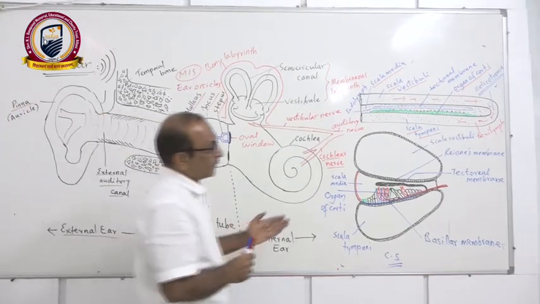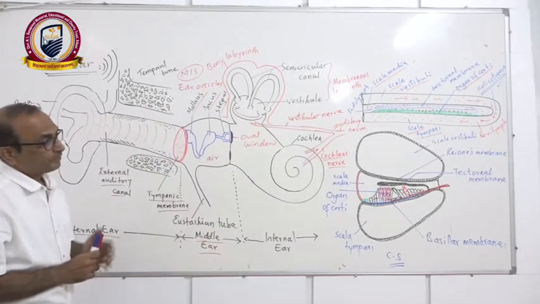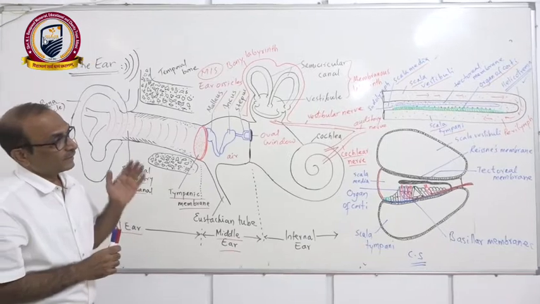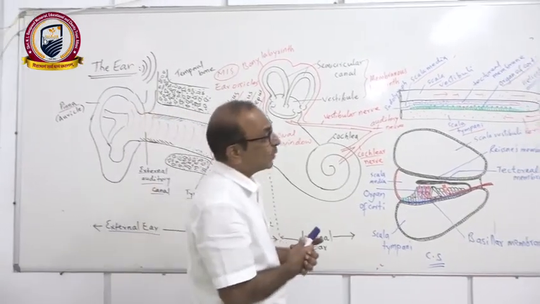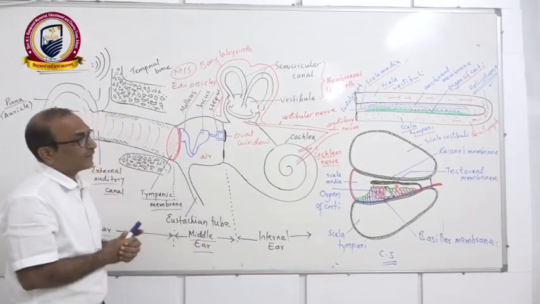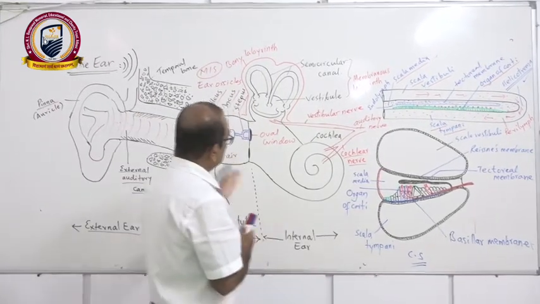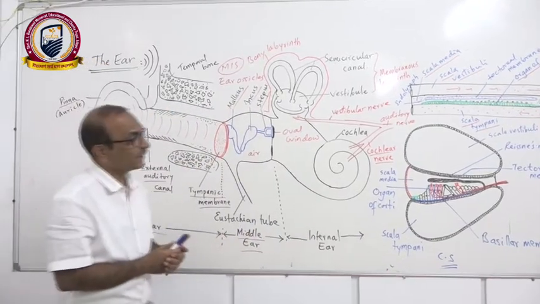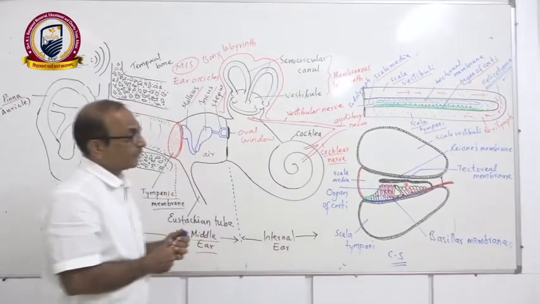And further, we'll look into how the transmission of the sound waves and conversion of sound waves into electrochemical signals is done, because it is the function of the cochlea to convert the sound waves into electrochemical signals which are carried by the auditory nerve ultimately.